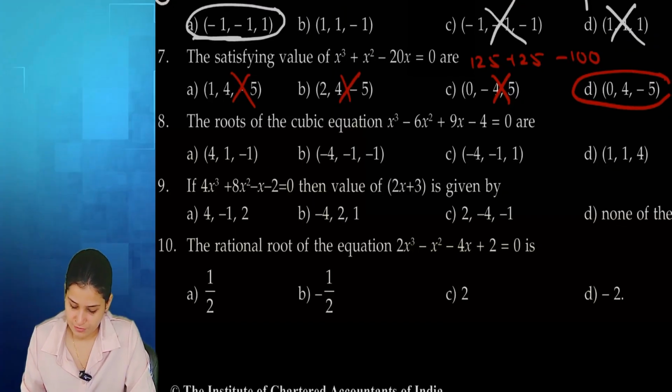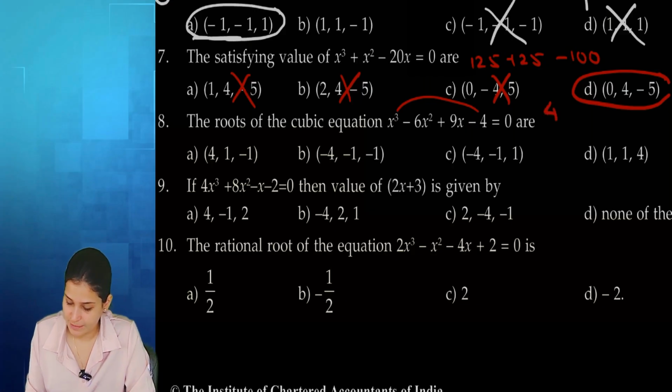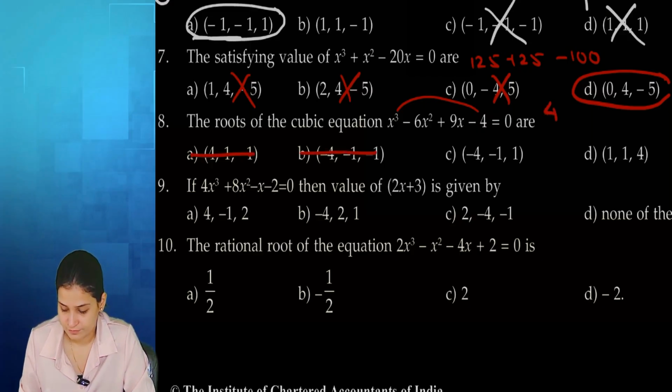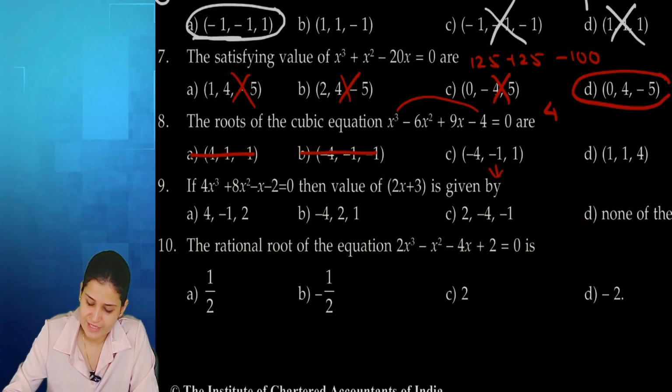Question number 8. What will be the product of the roots? 4. Which one when multiplied will give you 4? C and D? Yes, ma'am. Now we'll only do trial and error for -1, any one number.